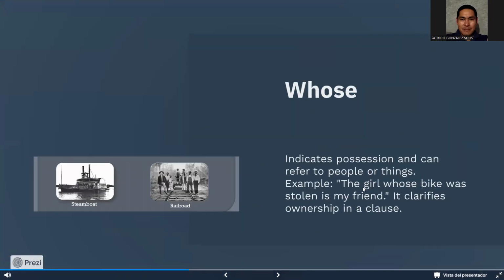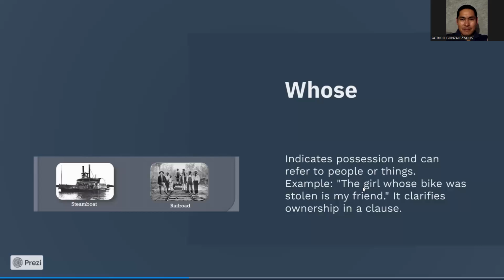Next, whose. Continue, my dear Linda, please. Whose indicates possession and can refer to people or things. Example: the girl whose bike was stolen is my friend. It clarifies ownership in a clause. Whose? Possession. The girl whose bike was stolen, it's not Linda's bike.